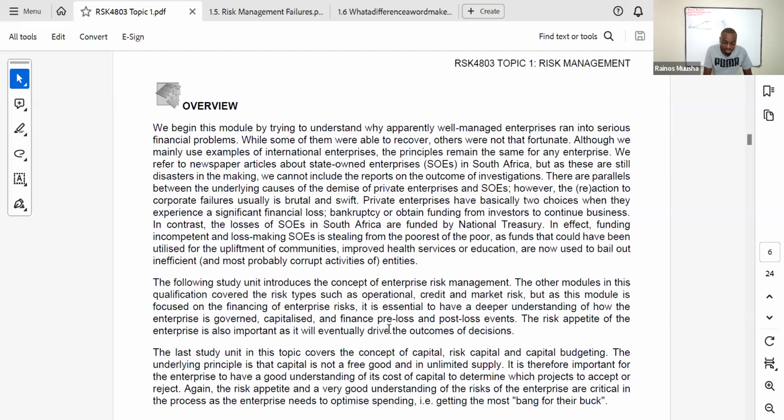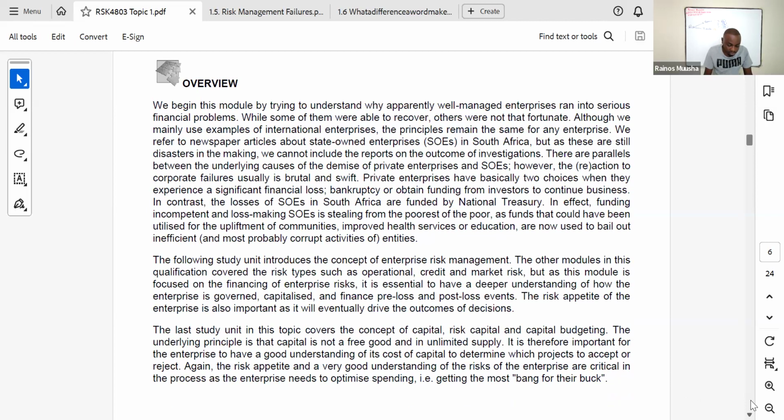Then the lecturer also goes on to say, the risk appetite of the enterprise is also important, as it will eventually drive the outcomes of decisions. So the last study unit in this topic covers the concept of capital, risk capital, and capital budgeting. The underlying principle is that capital is not free and good and in unlimited supply.